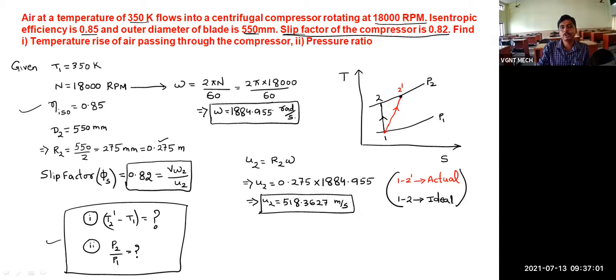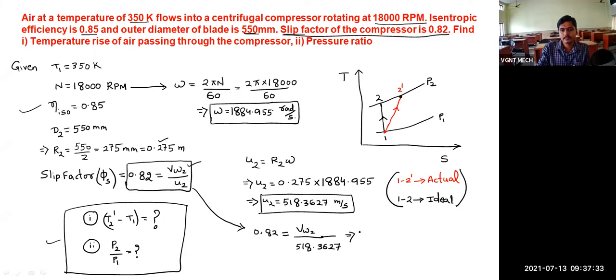And now once we got U2 value, can I calculate VW2 or not? So from this formula, 0.82 is equal to VW2, which I don't know, divided by U2, which is 518.36.